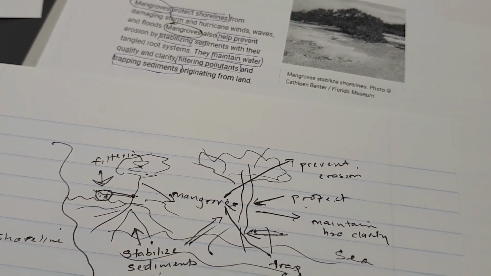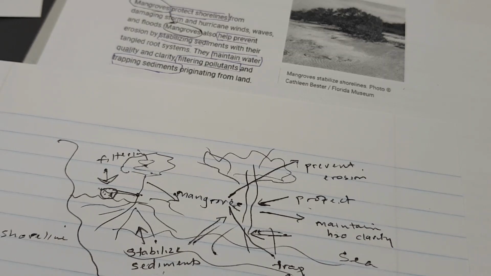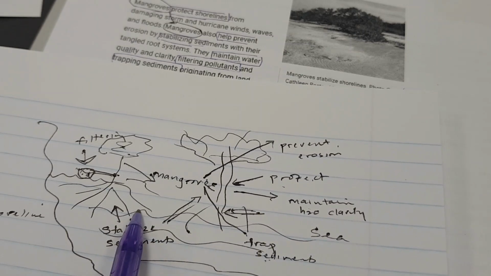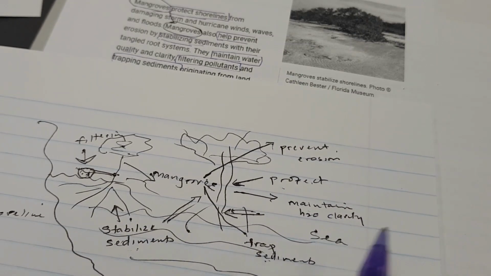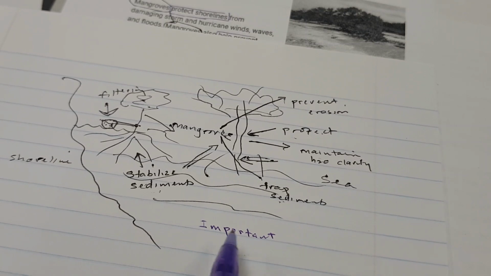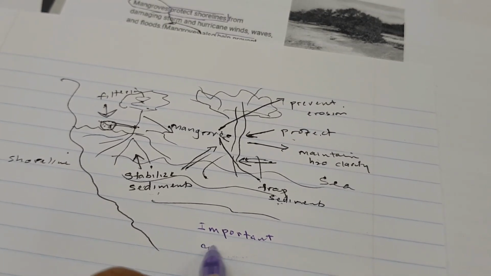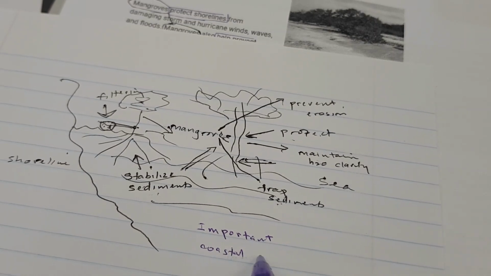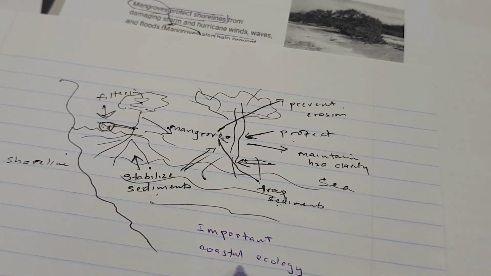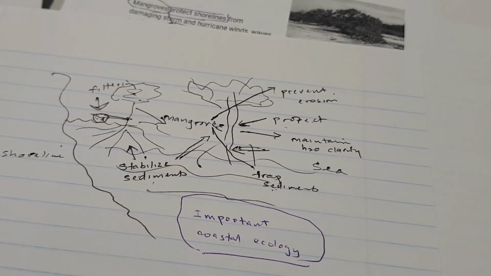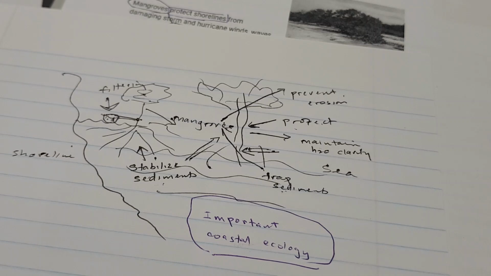But I could infer, can't I? Based on the actions that the mangrove is performing, I can come to the conclusion that a mangrove is very important to coastal ecology. Can we agree on that? And see how I came to that conclusion, because I looked at the actions that the mangrove was performing. Okay? Alrighty.